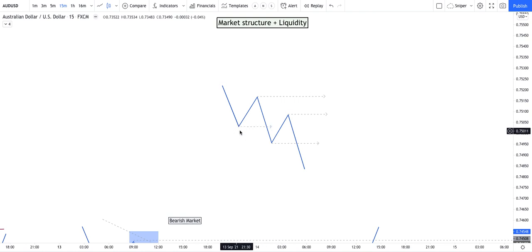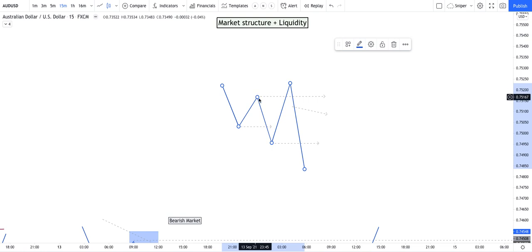Often we see that with the liquidity below this low, price will dip into it, and if there's enough liquidity and enough orders there, price will push up higher, breaking and seeking the previous liquidity.